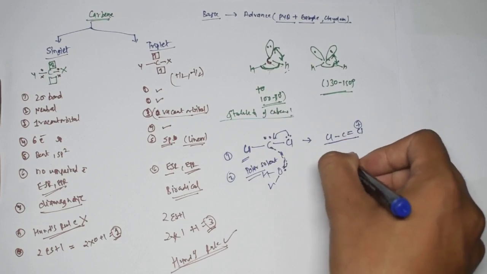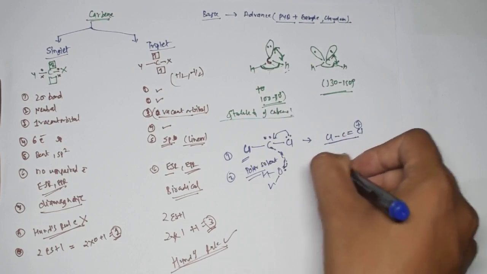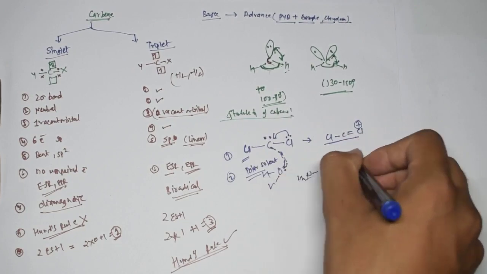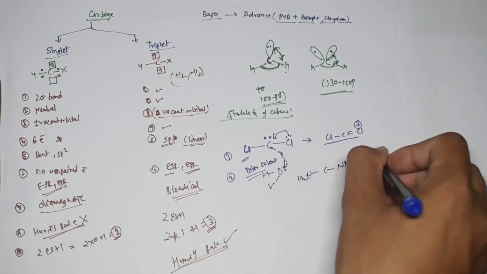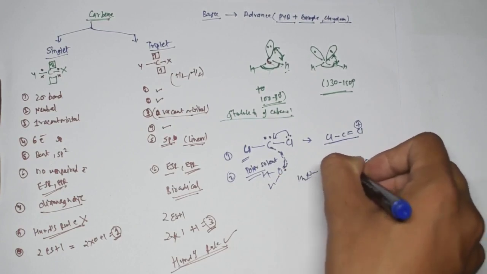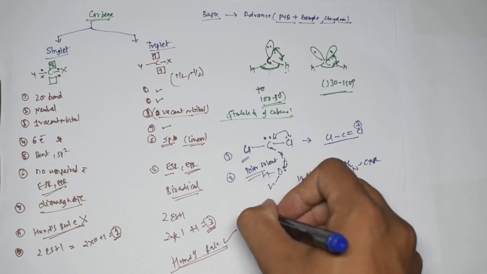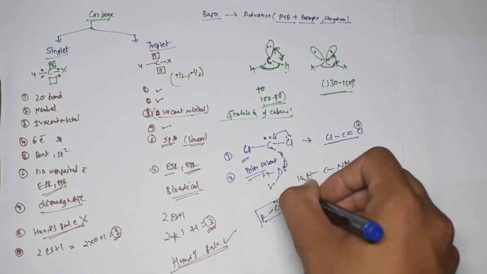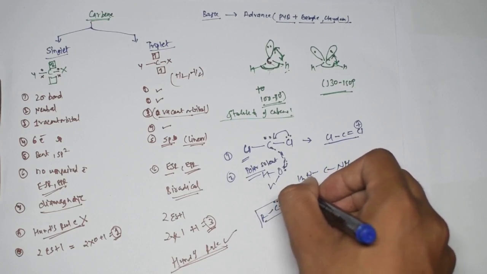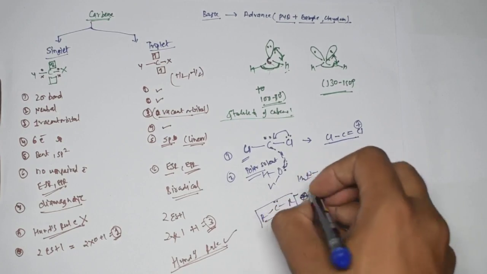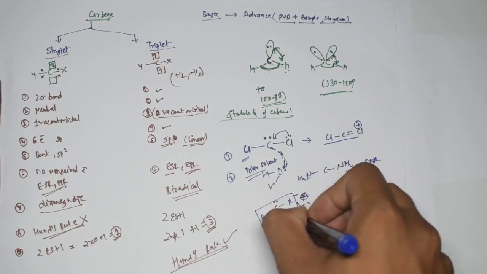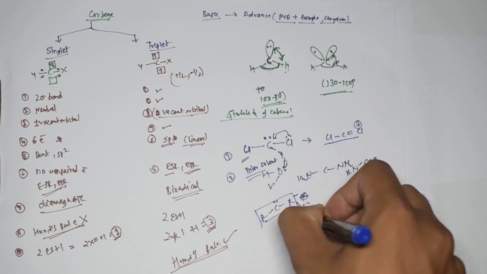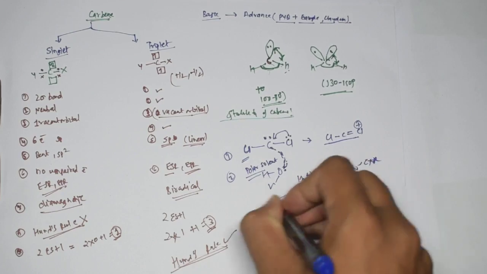For example, if I say we have NR2 over here and NR2 over here. But if I say we have R over here and R over here, what will happen in this case, right? So this carbene will be very less stabilized, and this won't try to exist as a singlet carbene. This will get converted into the triplet one, right?